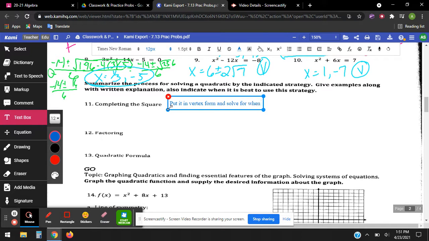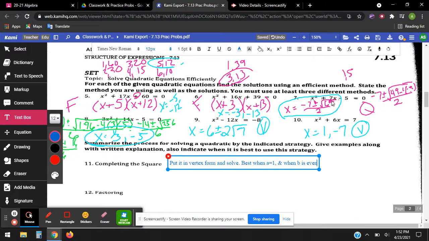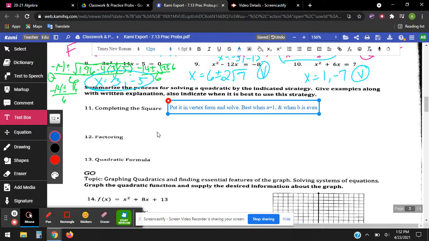It works best when a equals 1, I feel like. And then when b is even, because when you're dividing by 2, so we could have done it there, divide by 2. Oh, but a wasn't 1. About this one, a was uneven, b was uneven, so that wouldn't have been great either. So yeah, those are the things that would help with that.